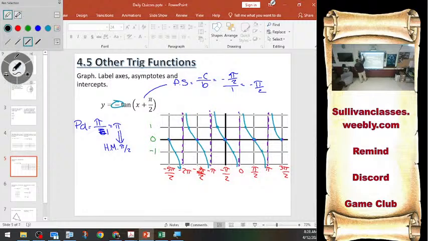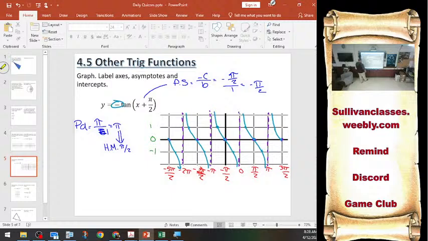Well, did you have an actual tangent-looking graph? You did not try to do a sine or a cosine. Good job. Did you reflect it?